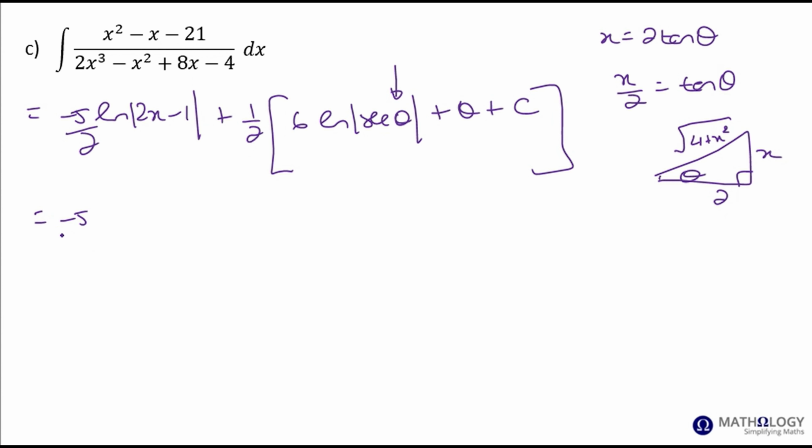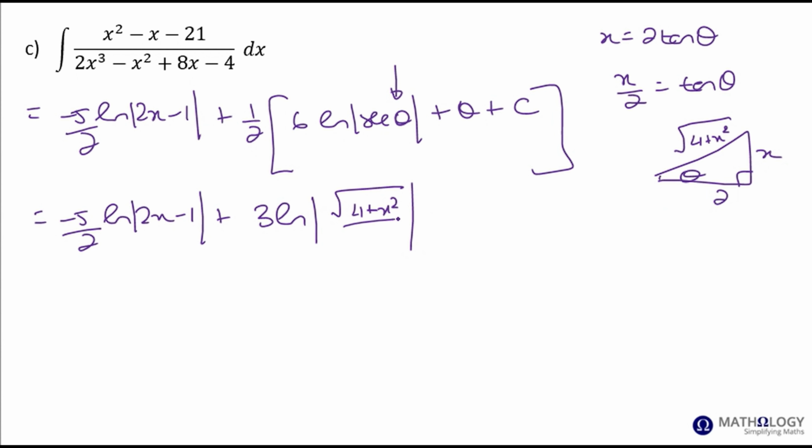So equals minus 5 over 2 ln |2x minus 1| plus, and we'll bring the half into the bracket now. So half times 6 will be 3 ln |sec theta|, and sec theta is hypotenuse over adjacent. So it'll be root 4 plus x squared over 2, plus theta, right?